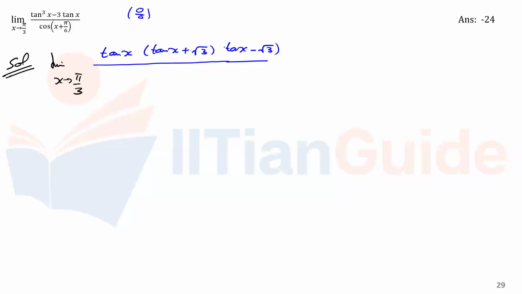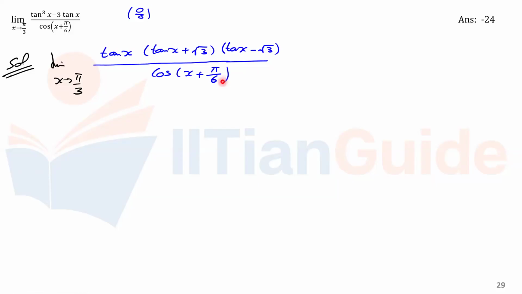Can I? Speak quickly. Yes, sir. Okay. In the denominator, I have a cos of x plus pi by 6. I have a choice. I have an option. If I need, I can apply the cos of a plus b formula. Not quickly, without thinking, we should not do it. If I need, I will do this. If the need arises we will do it, otherwise we won't.